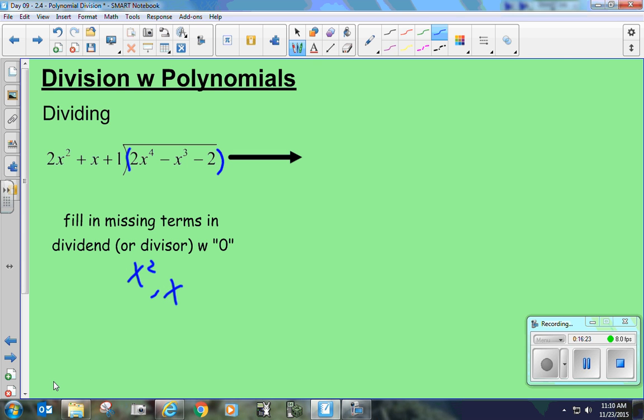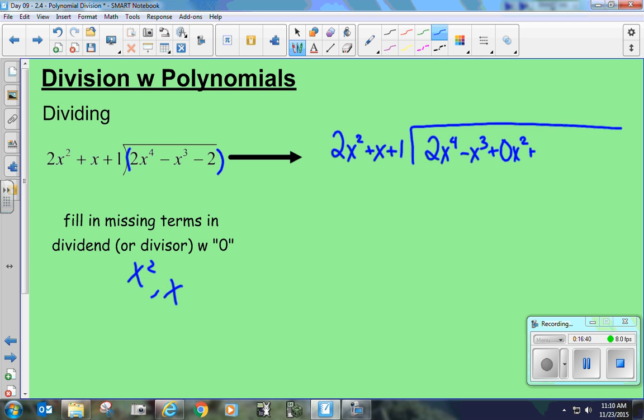Yeah, you just put 0. You put 0x squared and 0 x's. You would rewrite it like 2x squared plus x plus 1, dividing into 2x to the fourth minus x cubed plus 0x squared plus 0 x's minus 2. You need to have them there.